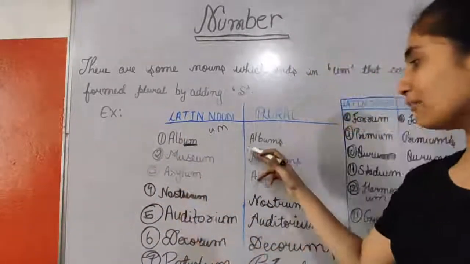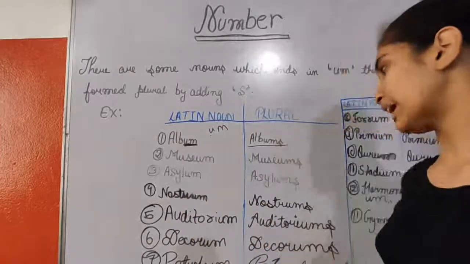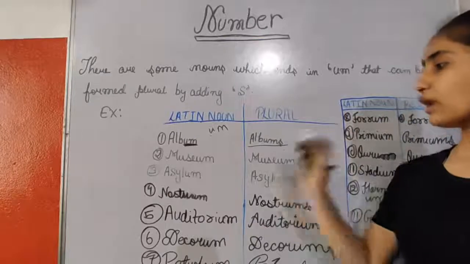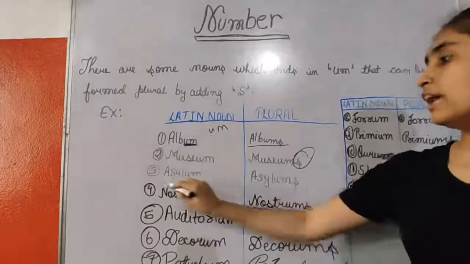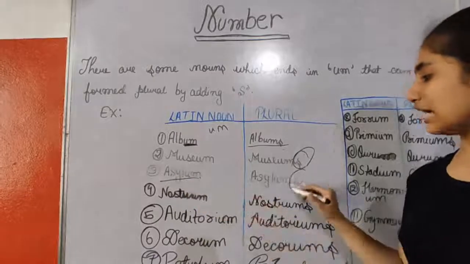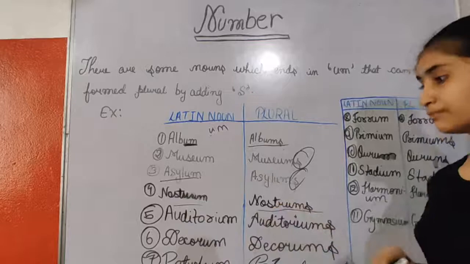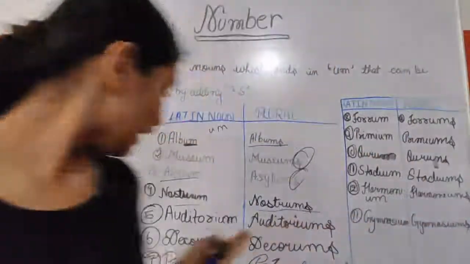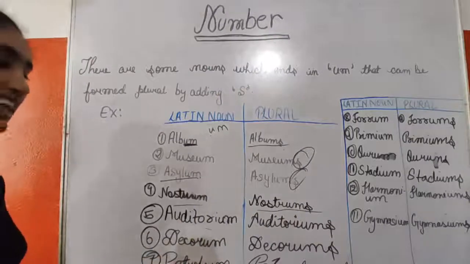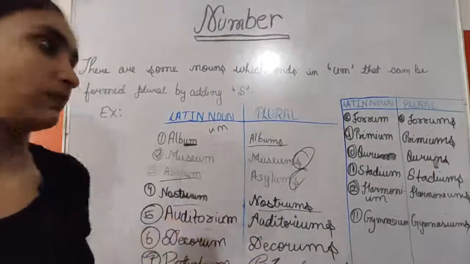So it will become albums. Same here, museum will become museums. Asylum will change into asylums. Nostrum will change into nostrums. Auditorium will change into auditoriums. Decorum will change into decorums. Petroleum will change into petroleums.